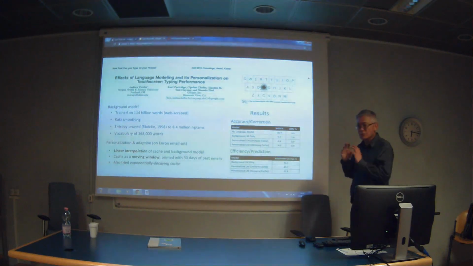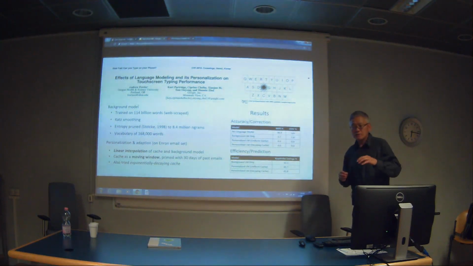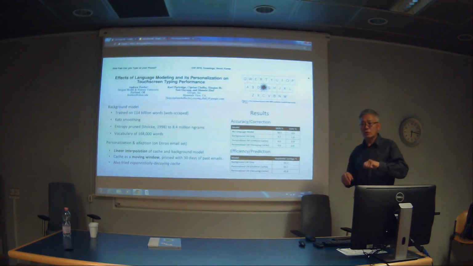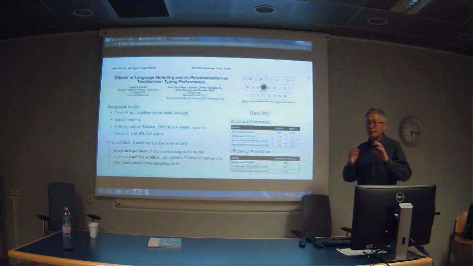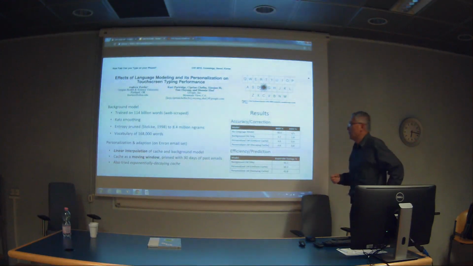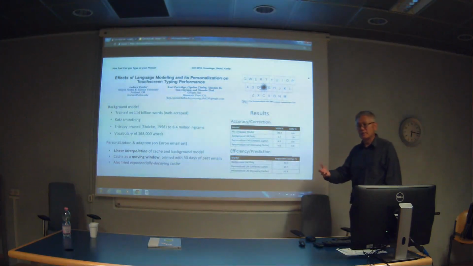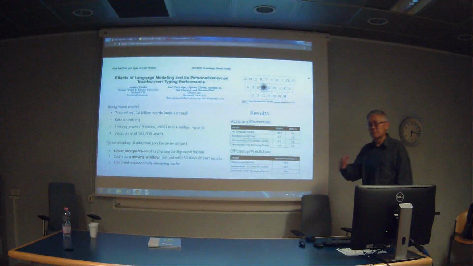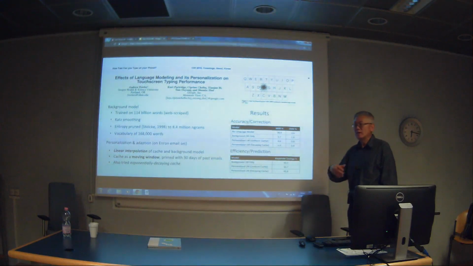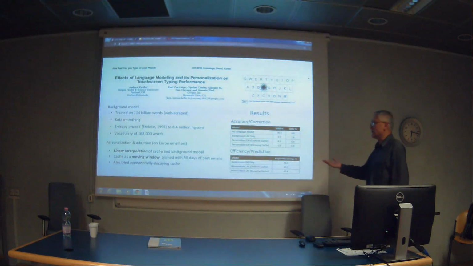We also did personalization, which is an important aspect we want to study. That is, if the language model is personalized according to your own use history, and gives a bias to words you use often, would that help? The intuition says it helps, but it can also have negative consequences, because of the bias towards recency, and sometimes you want to switch topic.